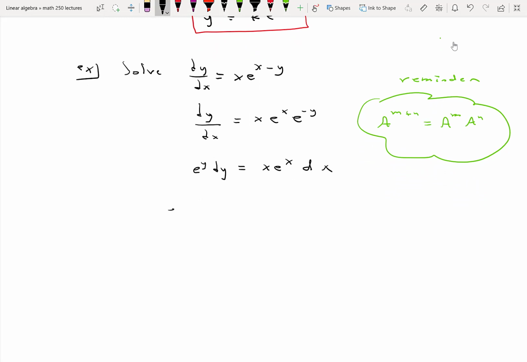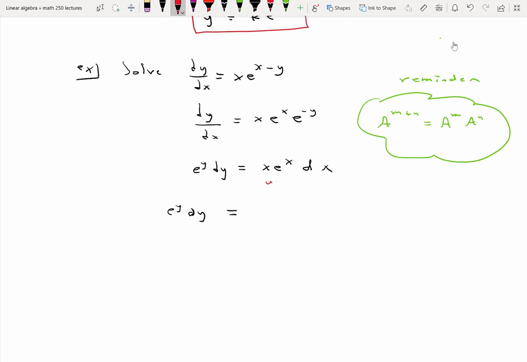So we get e to the y dy. Now, do you remember how to integrate x e to the x? Integration by parts. If you have forgotten it, you ought to look it up. I can't teach you integration by parts. I can remind you what you would do.